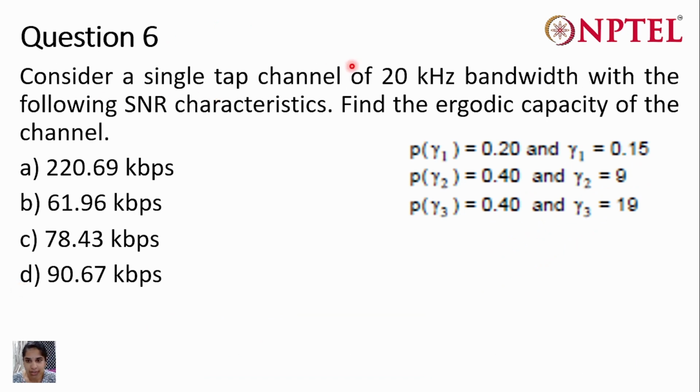Consider a single tap channel of 20 kHz bandwidth with the following SNR statistics or characteristics. Find the ergodic capacity of the channel. So, how do you find the ergodic capacity of the channel?